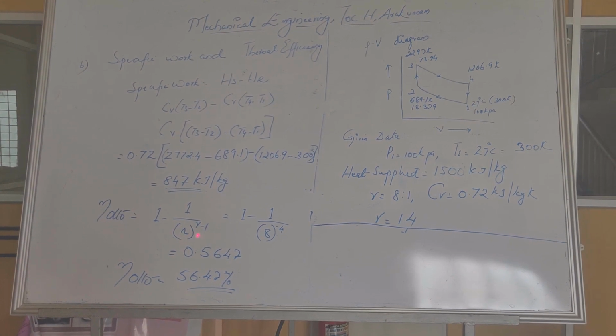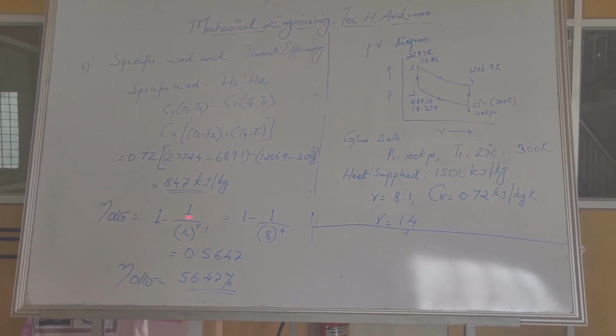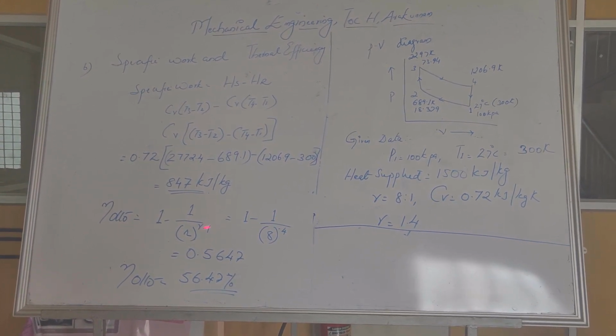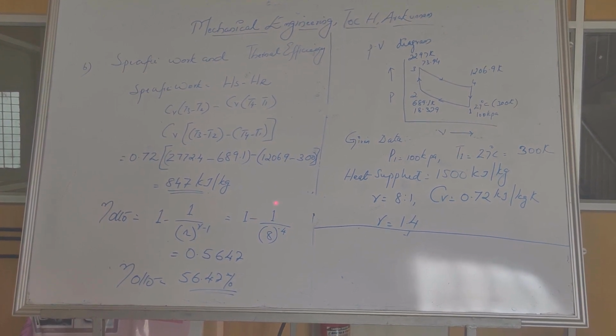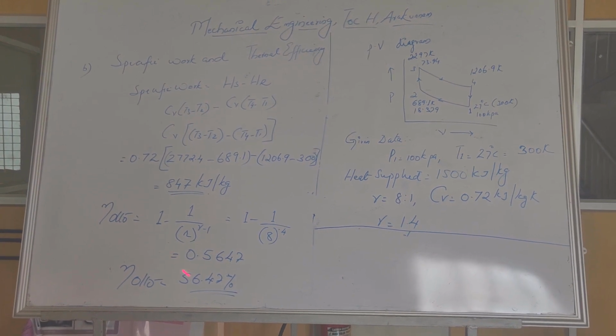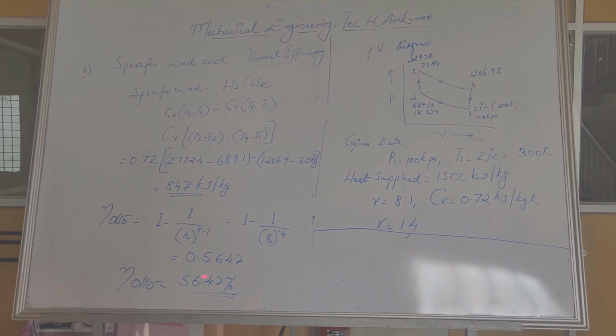The only parts for which you need to put the value are the compression ratio R and gamma, the rest all is 1. So 1 minus 1 by 8 raised to 1.4 minus 1, that becomes 0.4. So 1 minus 1 by 8 raised to 0.4 is 0.5647. Now you have to put this in percentage, so into 100, the efficiency of Otto cycle becomes 56.47.